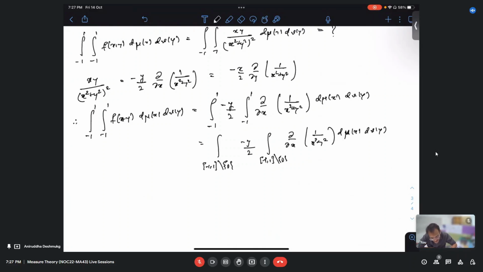So I am just removing one point from the integral. It doesn't matter. The value is still the same.